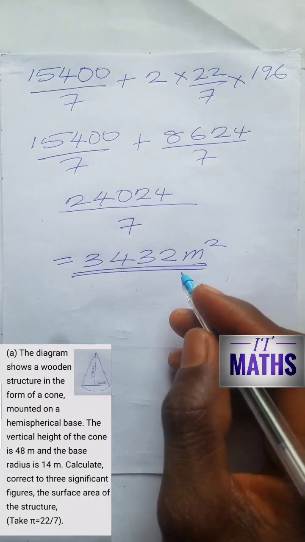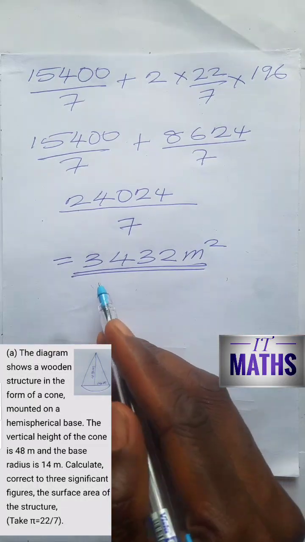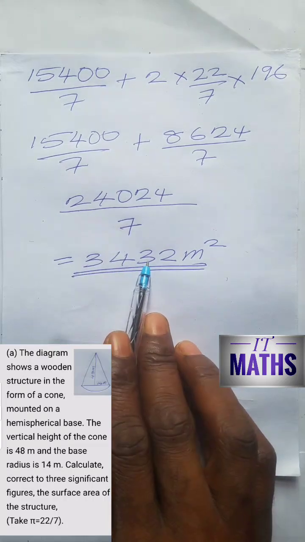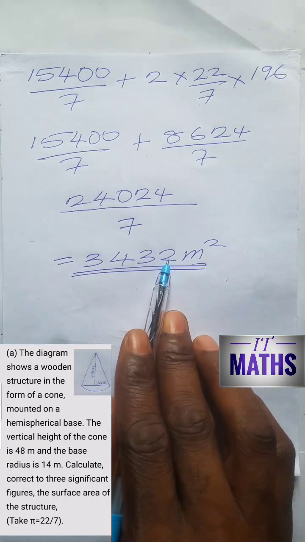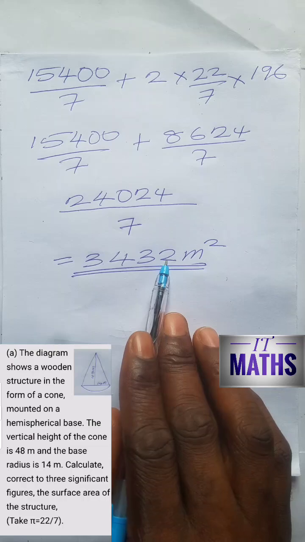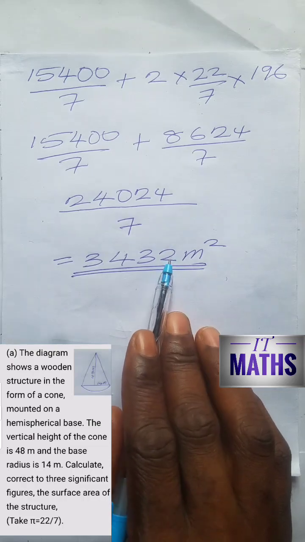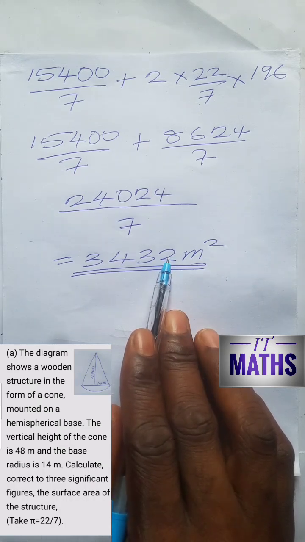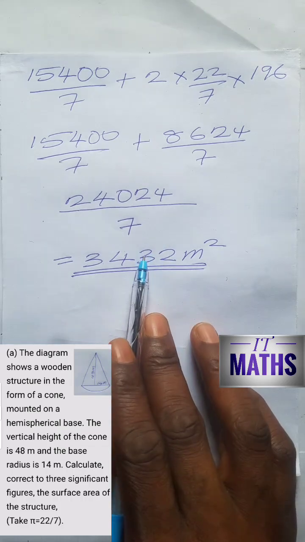But don't forget that we were told to correct it to 3 significant figures, so we are going to do that. This is the first, second, and then the third significant figure. That means the next digit has to turn to 0. In writing numbers in significant figures, after counting, the next digit goes to 0. But before that digit goes to 0, check, is it up to 5? 5 is halfway in our counting from 0 to 10. If it is up to 5, it can't just go to 0 without adding 1 to the preceding number.